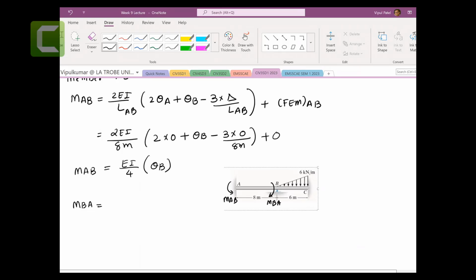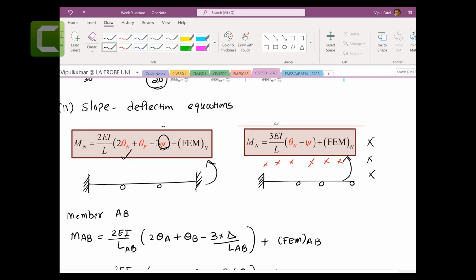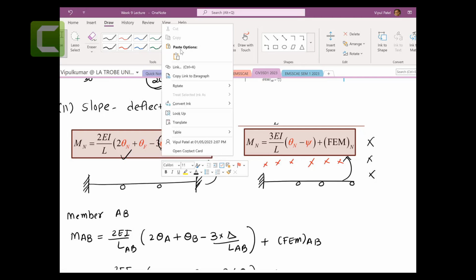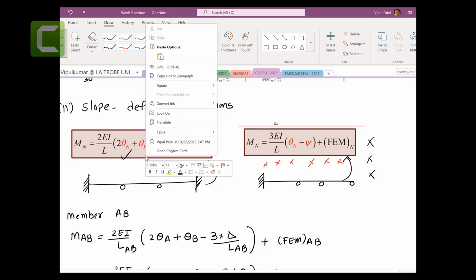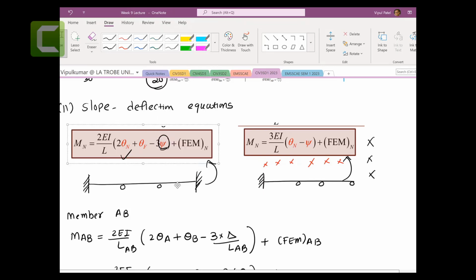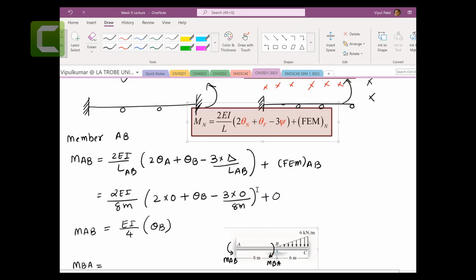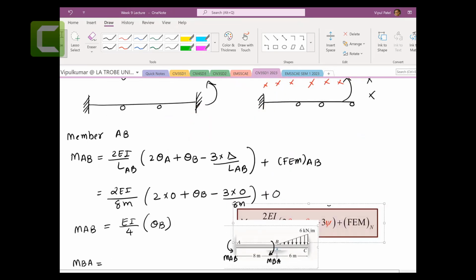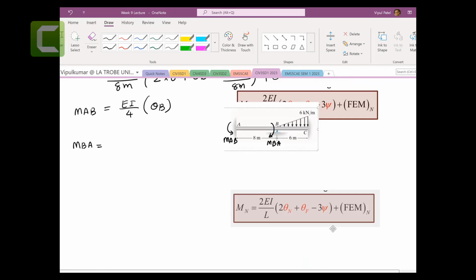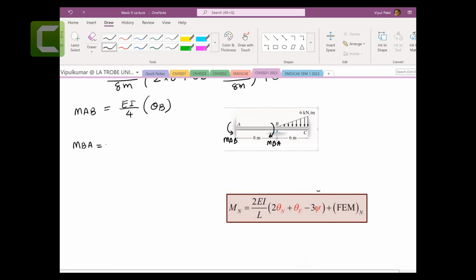Let's get the MBA. This time I can use the same equation. Let me put this equation here as well. There you go. So let me write MBA equals 2EI on LBA, 2 theta B, since theta B is your near node, plus far node theta A, minus 3 delta on LBA, plus the fixed end moment of BA.